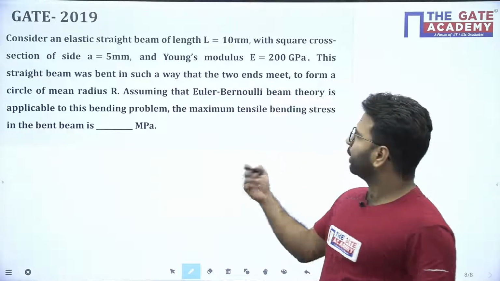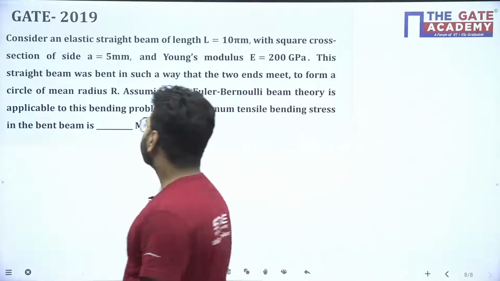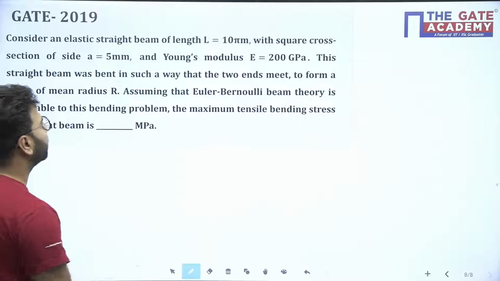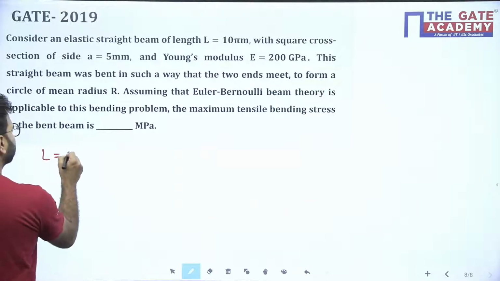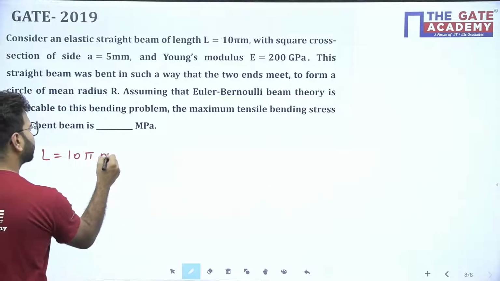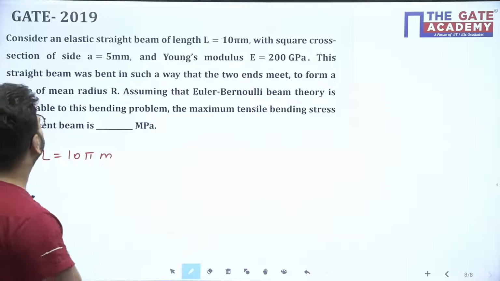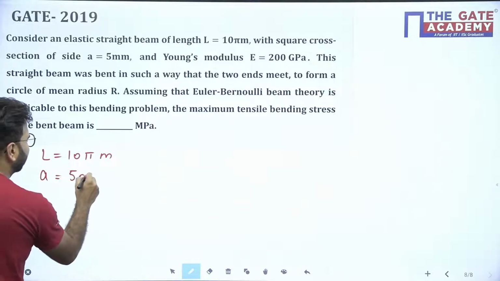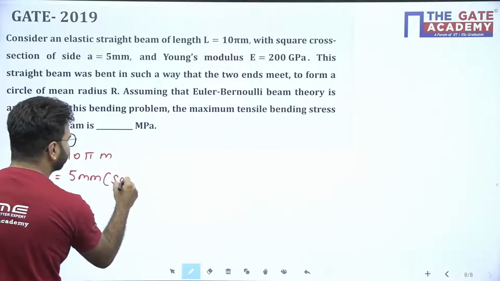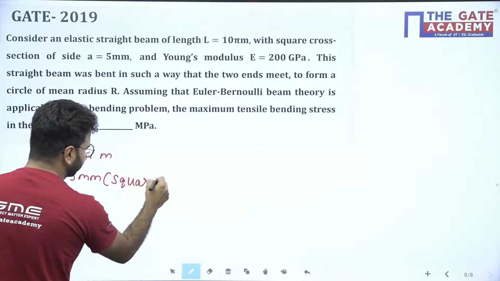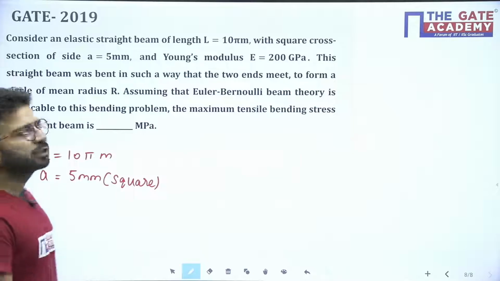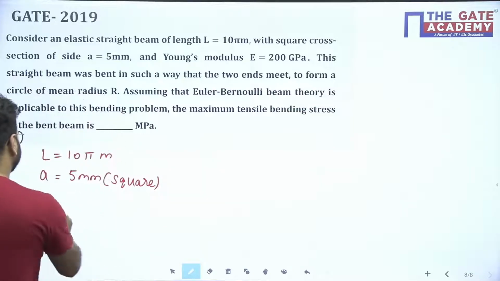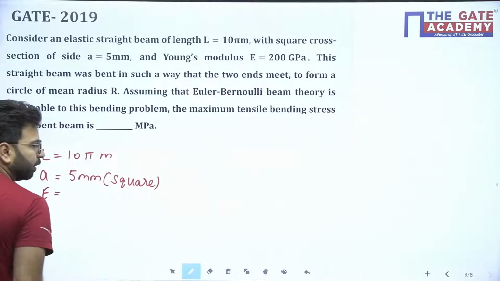What is the question saying, beta? Consider an elastic straight beam of length 10π meter, L equals 10π, with square cross section of side 5 mm, a equals 5 mm, and Young's modulus 200 GPa, E equals 200 GPa.